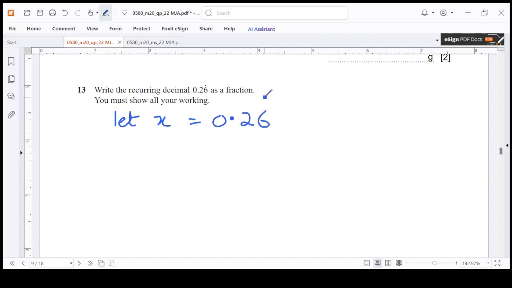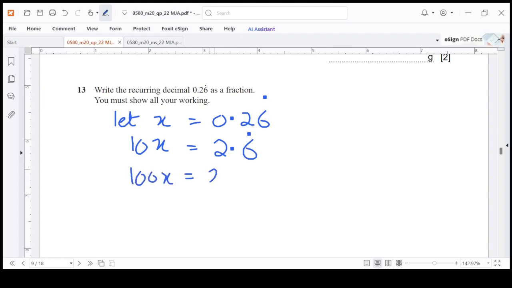Okay, now I can say that 10x equals 2.666666 and 100x equals 26.666666. Now notice that if I subtract these two, I can get rid of the recurring sixes.